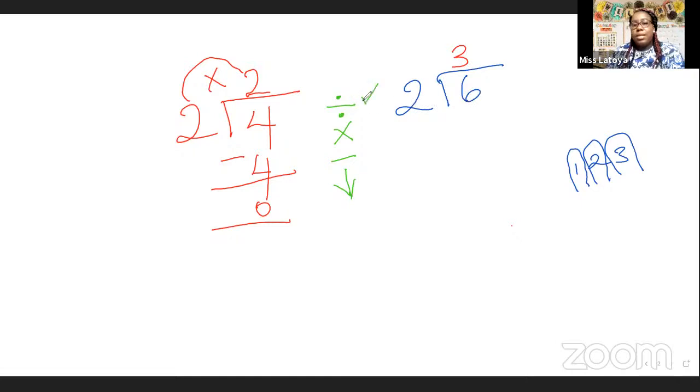After dividing, the next thing I'm going to do is multiply. 2 3s are 6. Now I'm going to take away. 6 take away 6 is 0. So my answer is 3. 2 can go into 6 3 times. Let's do our next question.